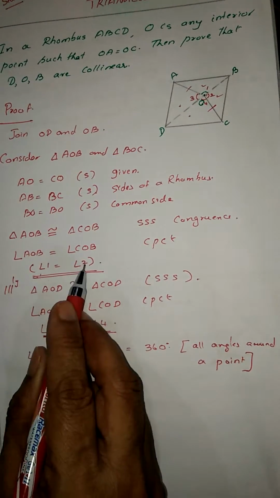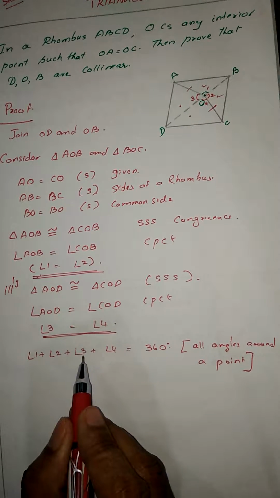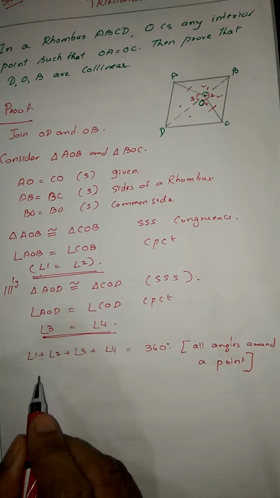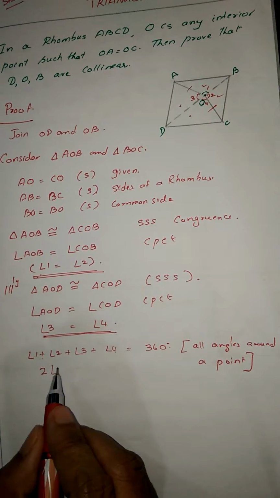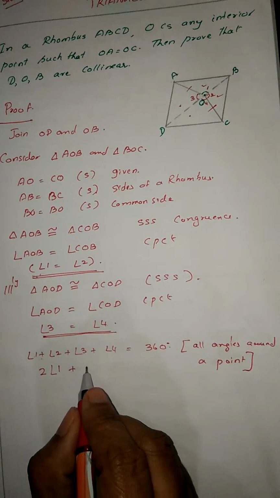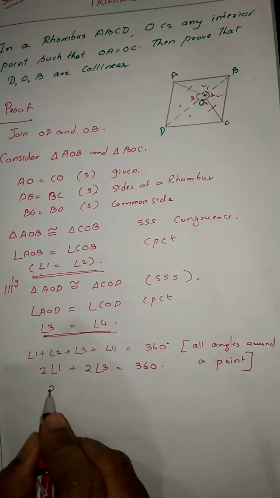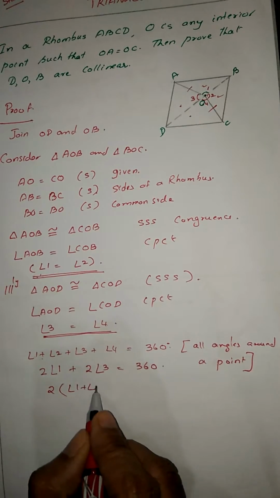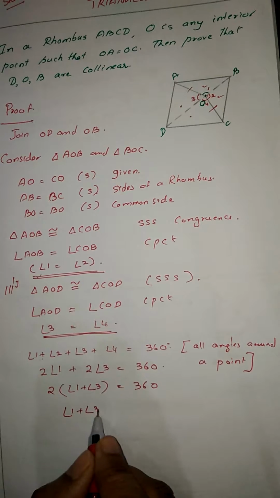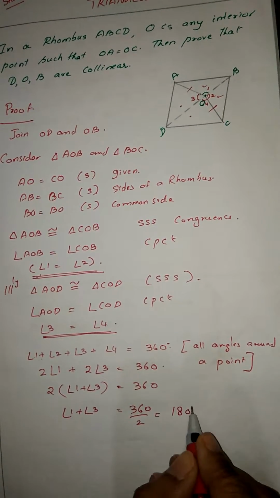Now we have 1 equal to 2 and 3 equal to 4. So I will write twice angle 1 plus twice angle 3 is equal to 360. So angle 1 plus angle 3 is equal to 360 by 2, which is 180 degrees.